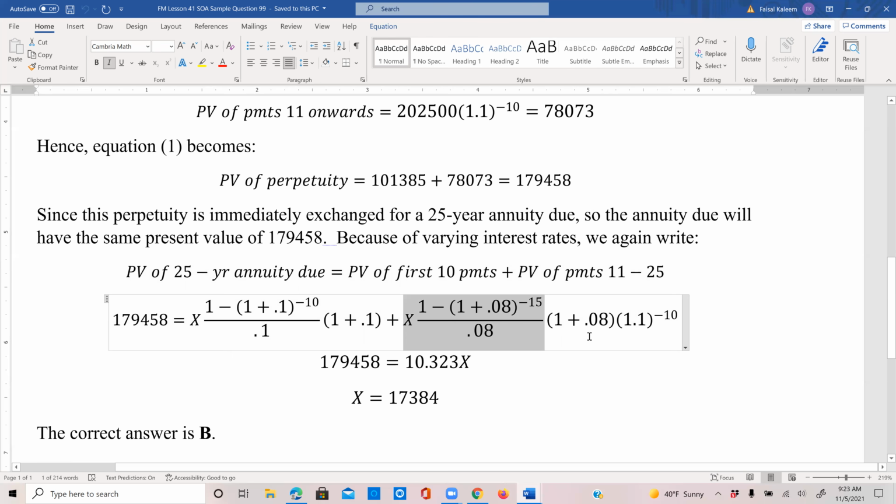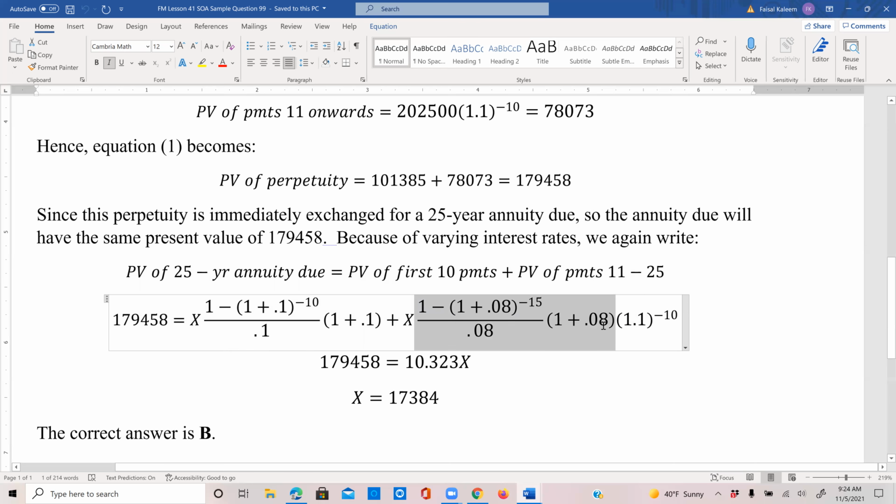So my mistake: I said that the present value was just this half, but the present value at time 10 is all this shaded portion, because the 1 plus 0.08 is also part of the annuity due formula. Then this is the factor which pushes it back from time 10 to time 0.